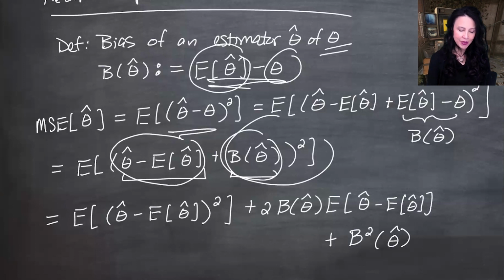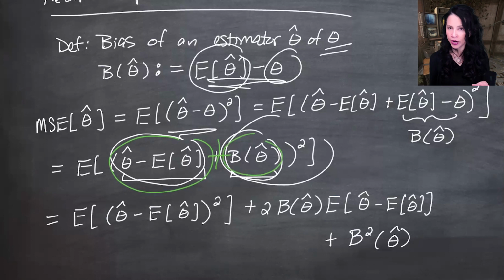So again, maybe I should have written some extra lines, but I'm taking this plus this all squared. I'm squaring it out, but I'm leaving these two grouped together, and I'm running the expectation through. So after running the expectation through, you'll have a 2 bias inside that can then be pulled outside.